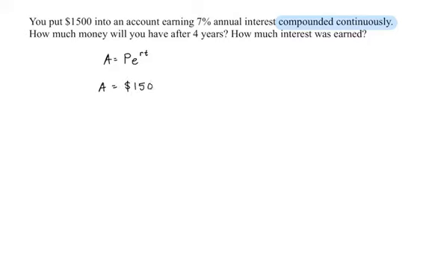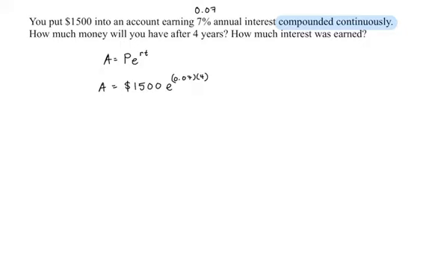P is still going to be what we start with, $1,500 into an account earning 7%, 0.07 annual interest. So our E, that's not a variable, that represents 2.72. And then our rate times our time, which is 4 years. That's the time in years.